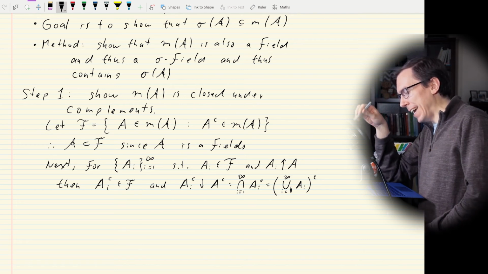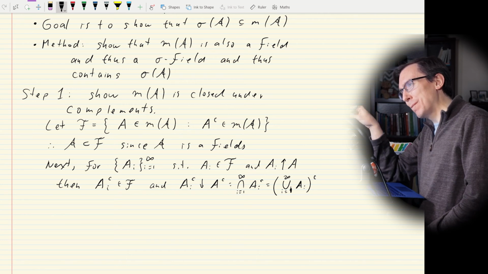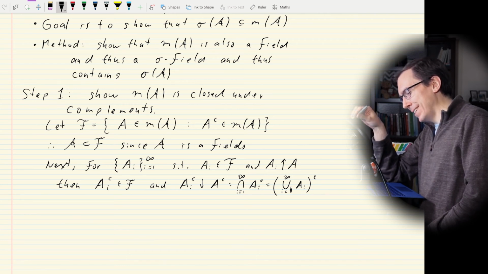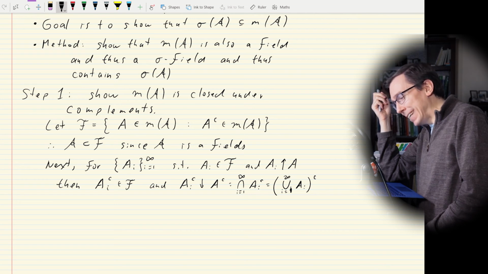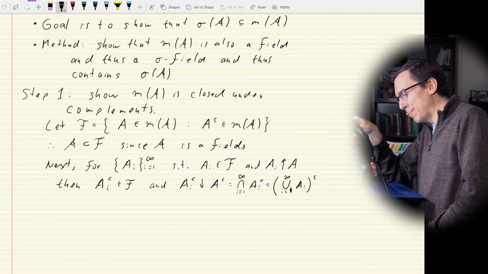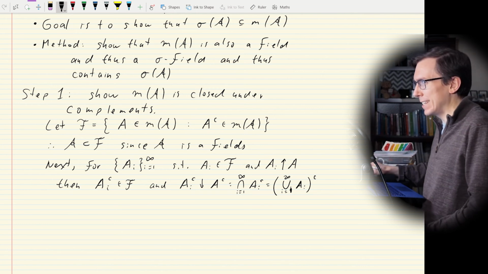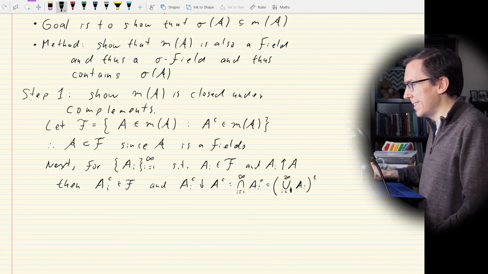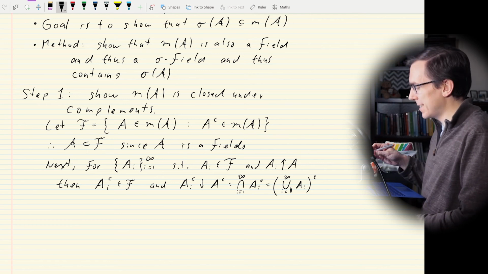A_i complement means I'm not in A_i. The intersection means I have to be in all of the complements, which means I can't be in any A_i. The union is all the points in at least one A_i, and the complement of that is a point not in any of the A_i. So you can talk it out to make sure that makes sense.